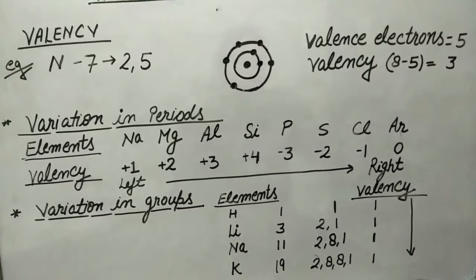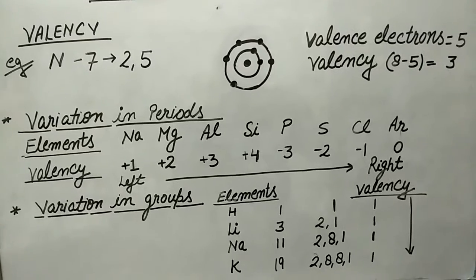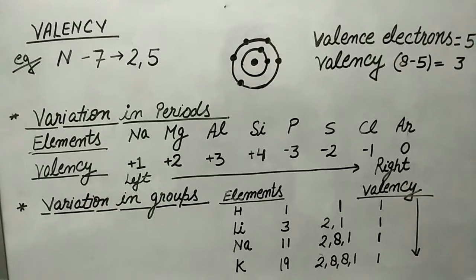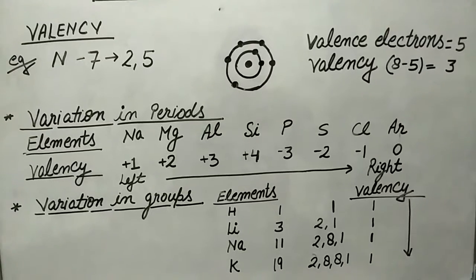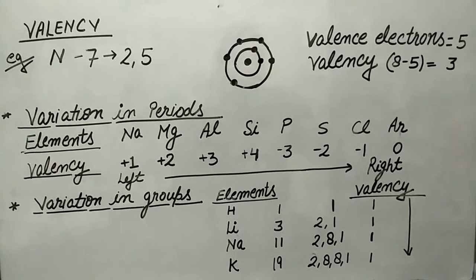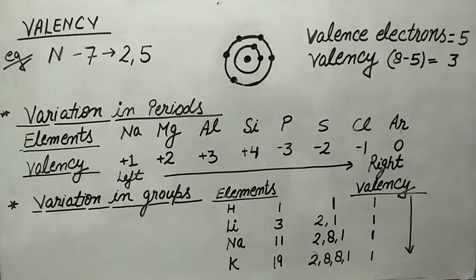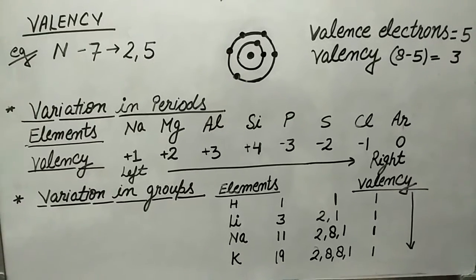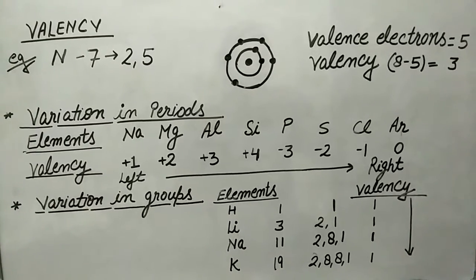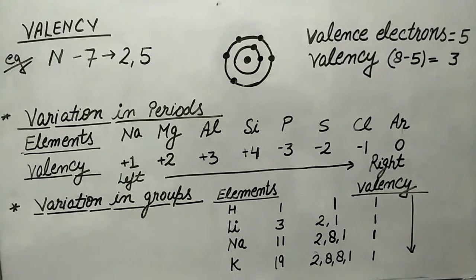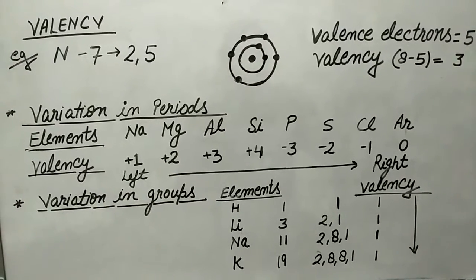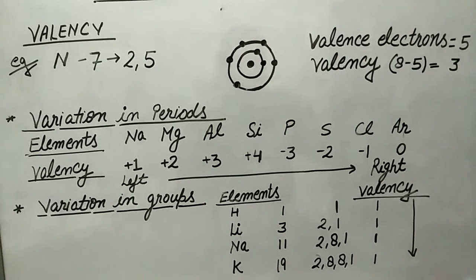Now valency. Valency is the combining capacity of an element, meaning to acquire the octet configuration. Octet configuration means elements require 2 or 8 electrons in the outermost shell. So to acquire the octet configuration, it loses or gains electrons.